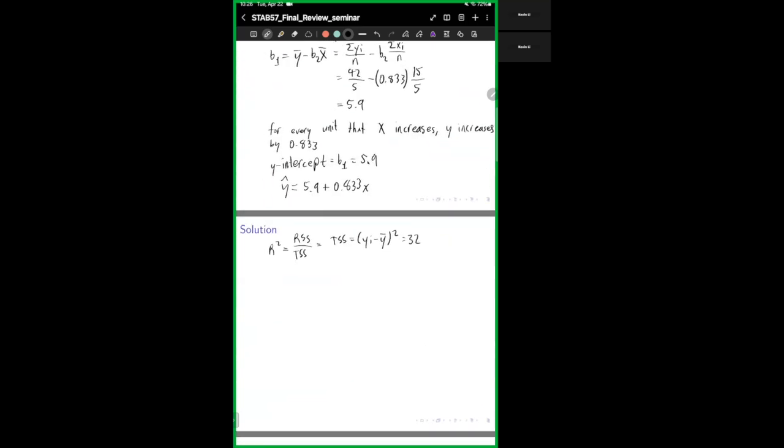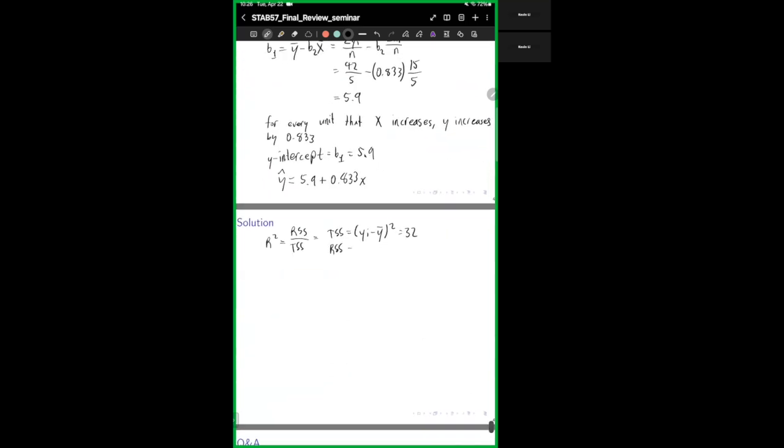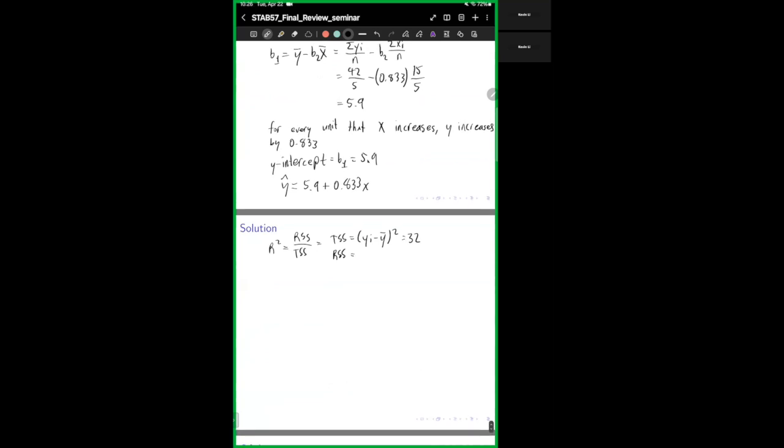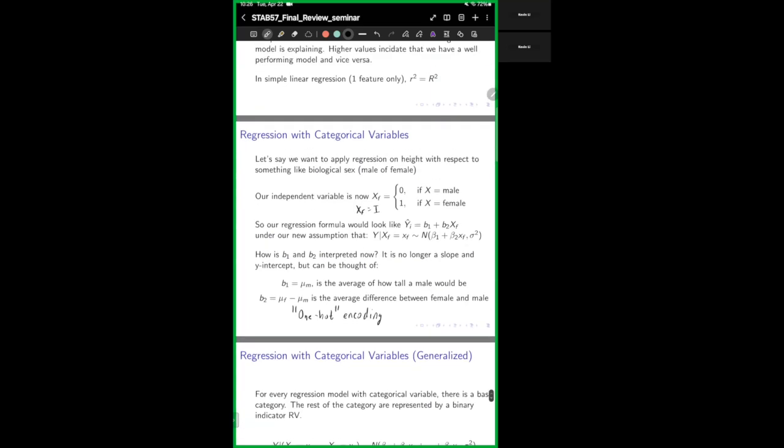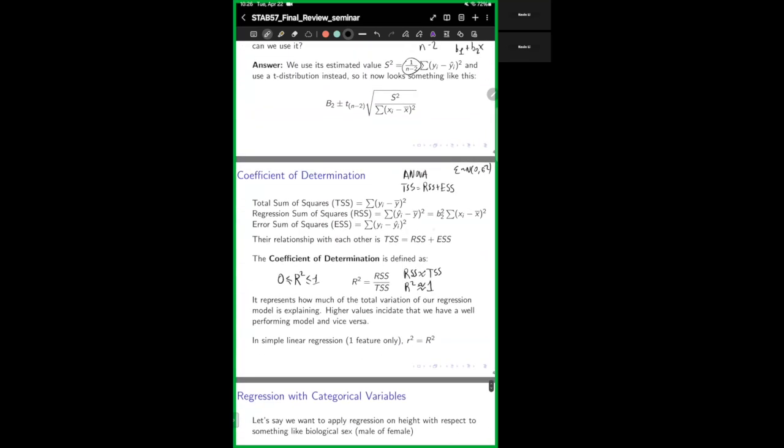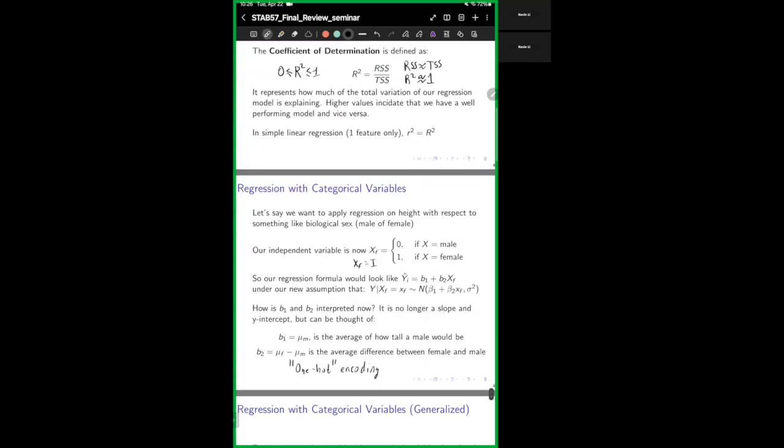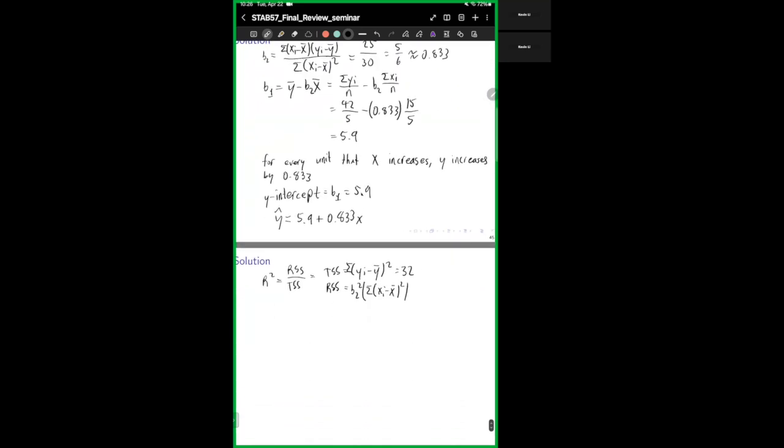And then the regression sum of squares is equal to b2 squared times the sum of xi minus x bar. Just double check that one. Yeah, once I have a bracket around it.